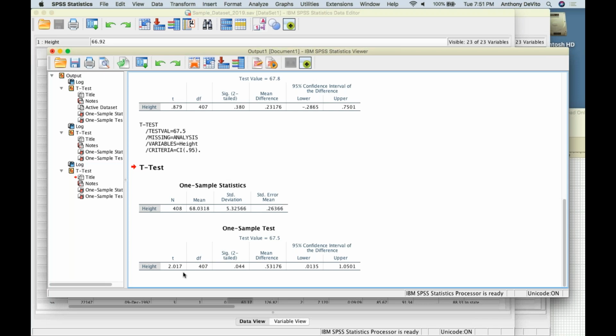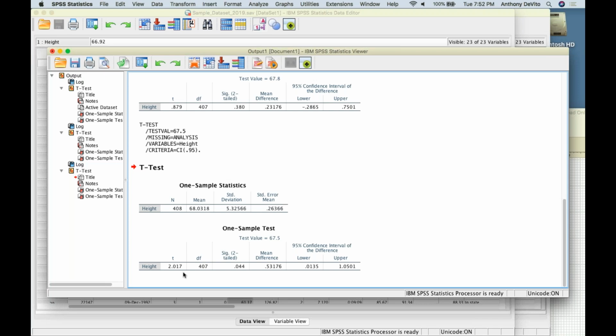Can I reject the null hypothesis now? Well, if all I know is the t-score, I need to go to the t-table, see what the critical value is, to see if 2.017 exceeds my critical value, right? Well, actually, we don't need to do that with SPSS. SPSS will automatically look up not just whether it exceeds the critical value, but give us an actual percentage probability we would be wrong if we reject the null hypothesis.